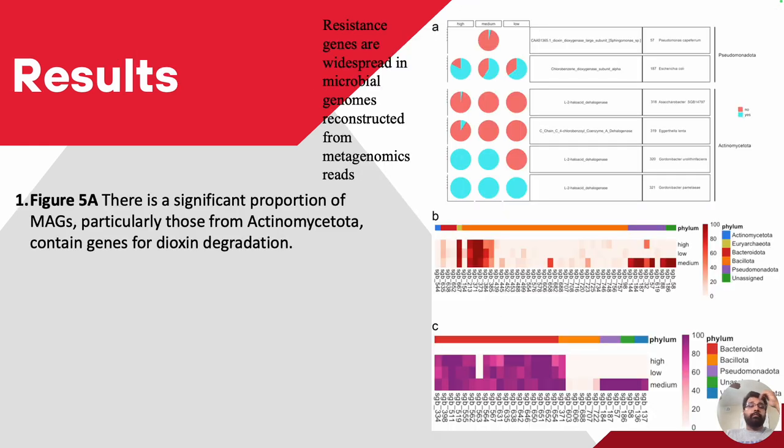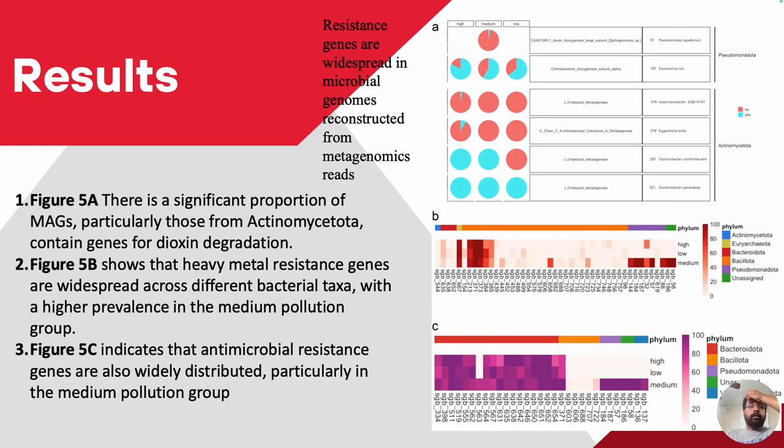This graph in figure 5A is showing that the resistance genes are widespread in the microbial genomes reconstructed from the metagenomic reads. Here it shows that there is a significant proportion of MAGs, particularly those from Actinomycetota, that contain the gene for dioxin degradation.